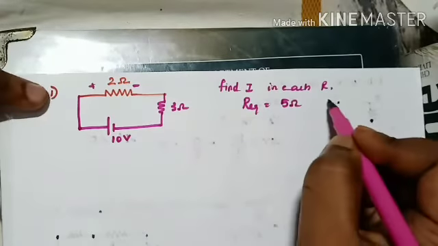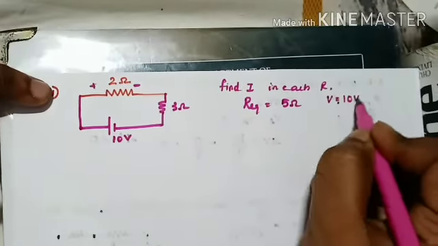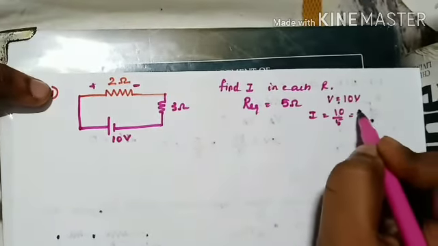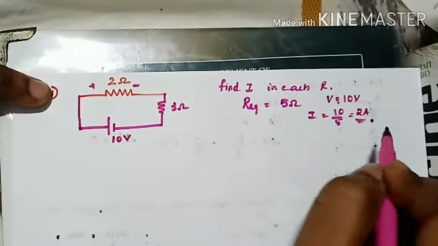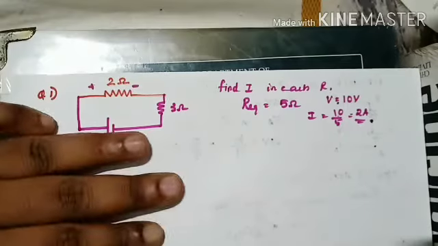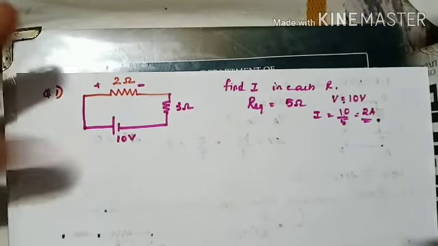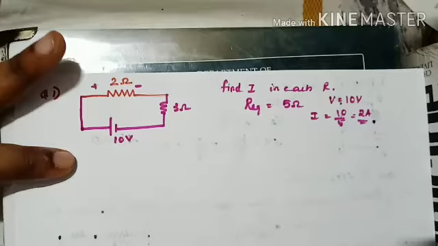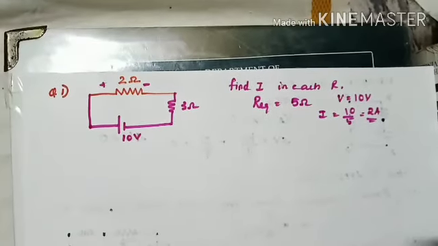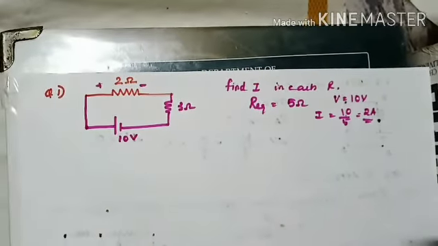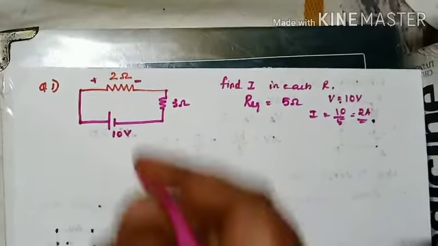The voltage is 10 volt, so the current is V by R, 10 divided by 5, that is 2 ampere. It's very easy to solve, but I am introducing this circuit to understand how to apply Kirchhoff's law here, so that we can use the same while solving much more complicated circuits. Clear?